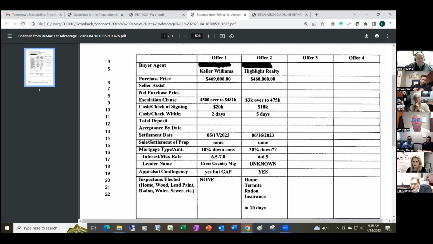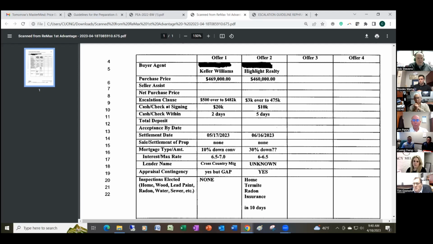And offer number two is willing to pay $3,000 over that price of 482, which would take it up to 485, which would be the maximum offer number two would pay. Then offer two would win. Right, correct, in price. Yep.